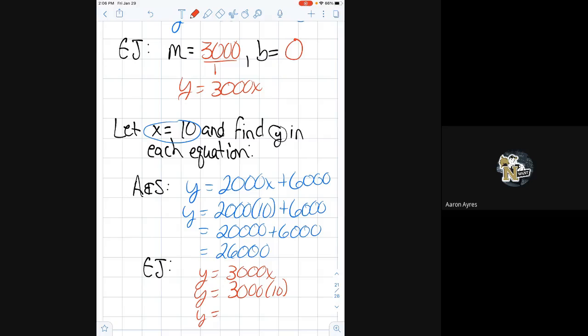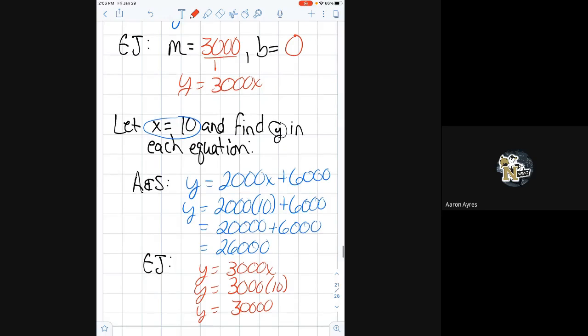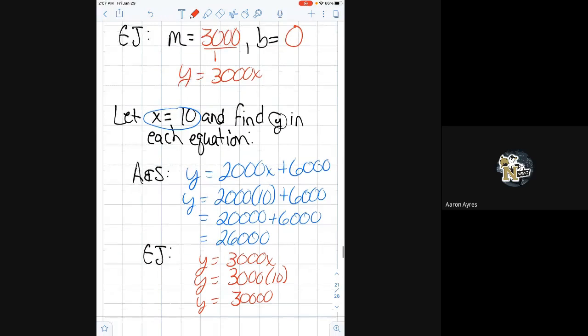And y then equals what? 30,000. Okay. On your thumb, show me which company you would select for this job. A&S is thumbs up. EJ is thumbs down. Okay. State your reasoning, please.